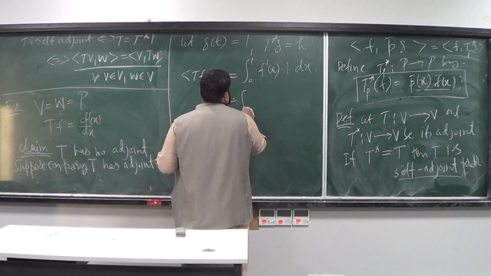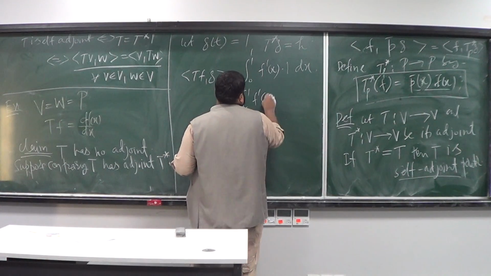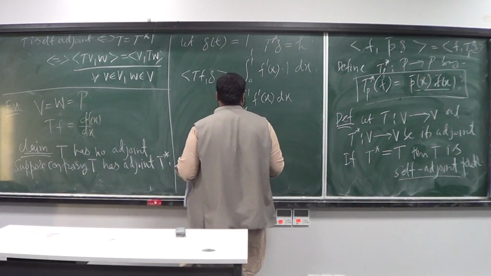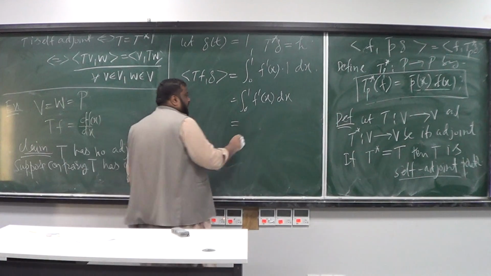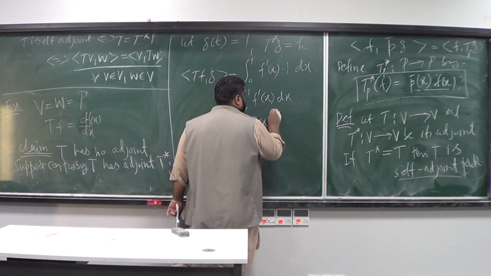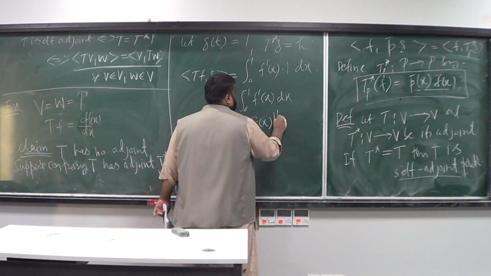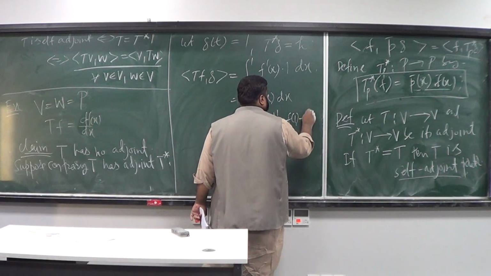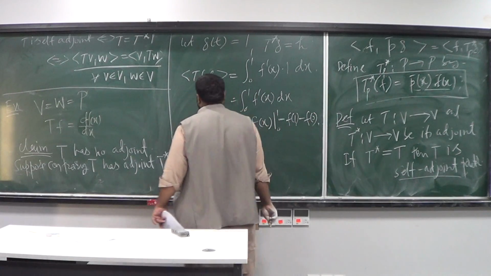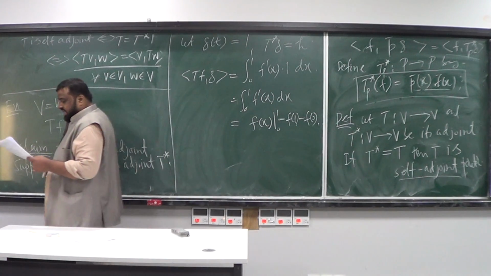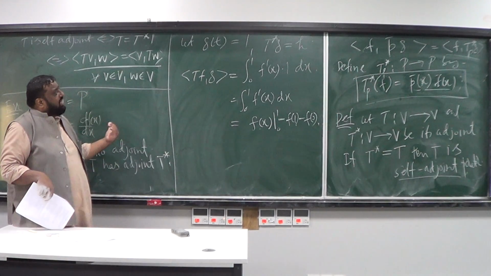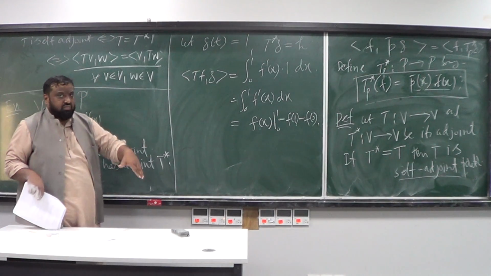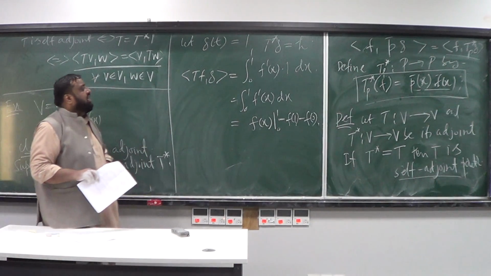So you get the integral from 0 to 1 of f prime of x dx. By the fundamental theorem of calculus, this is equal to f of x evaluated at 0 and 1. In other words, it's f of 1 minus f of 0. This is one side. Now I would like to calculate the other side, the inner product of f with T star g.